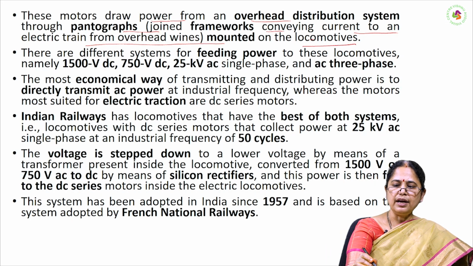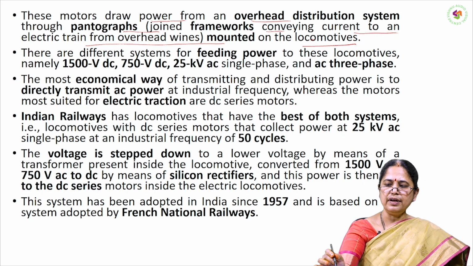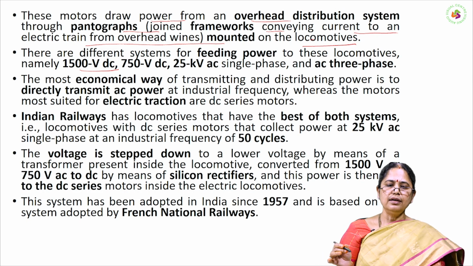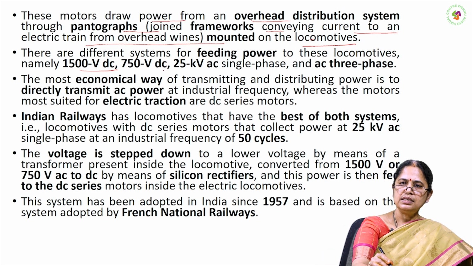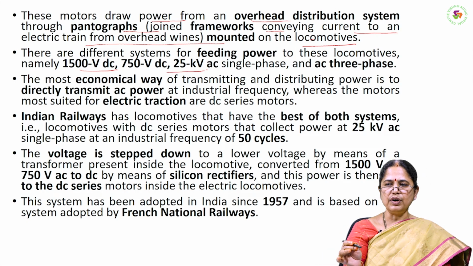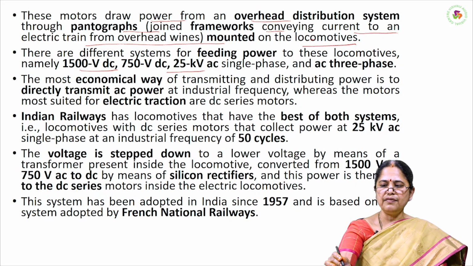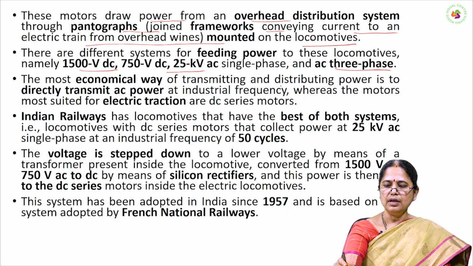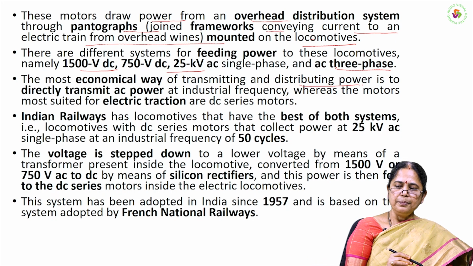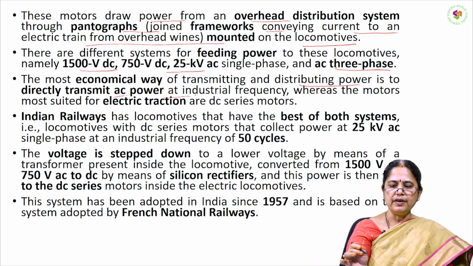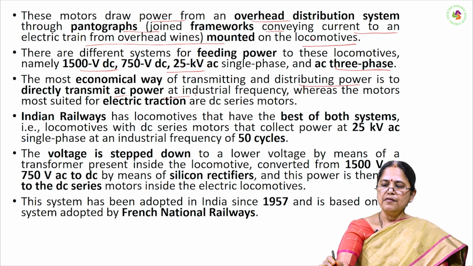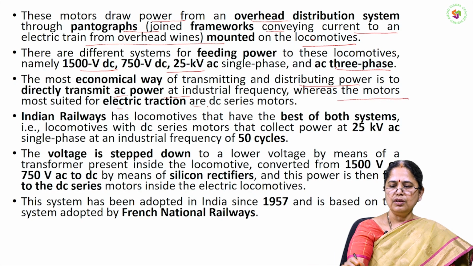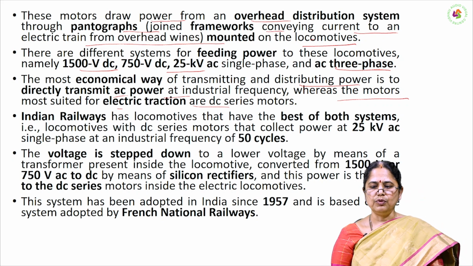There are different systems of feeding power to these locomotives: 1500 volt DC, 750 volt DC, 25 kilovolt AC single phase, and AC 3 phase. The most economical way of transmitting and distributing power is to transmit it directly at industrial frequency, whereas the most suitable motors for electric traction are DC series motors.